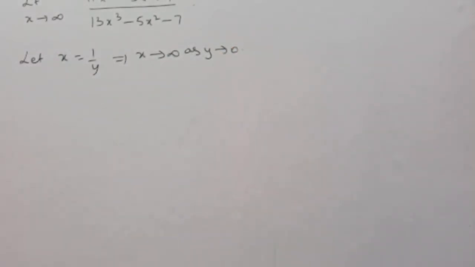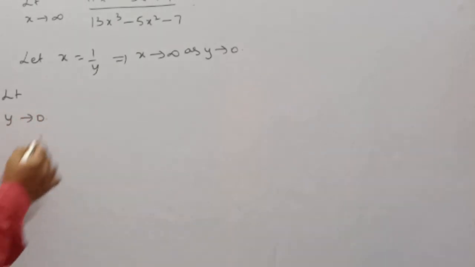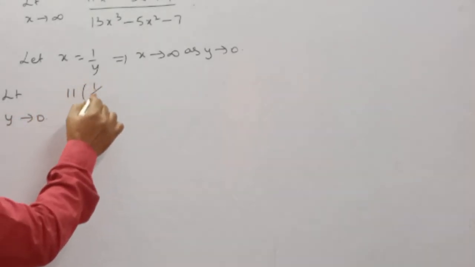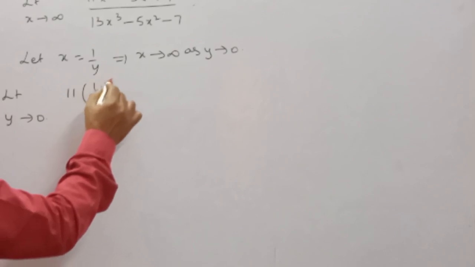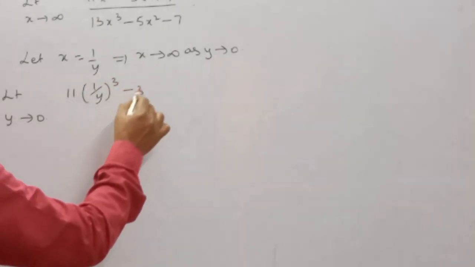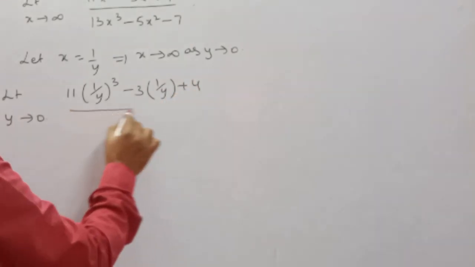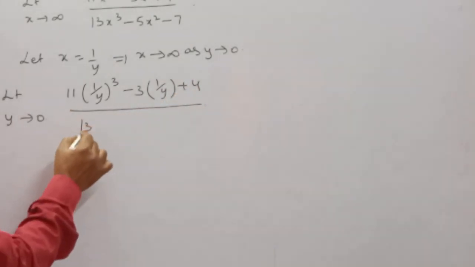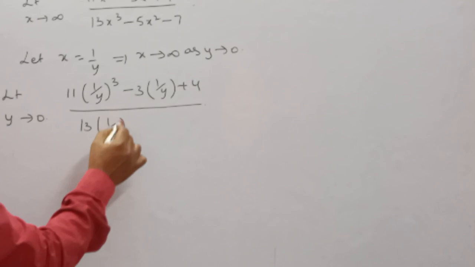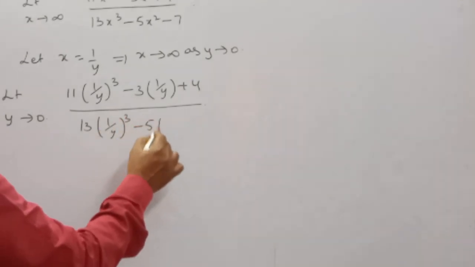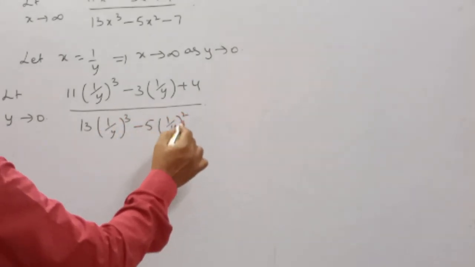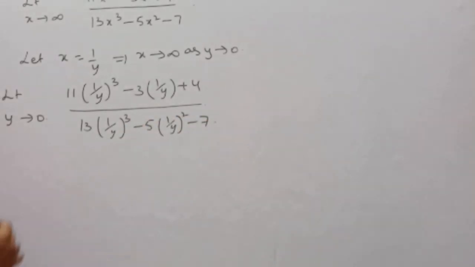So the limit as y tends to 0 of 11 into 1 by y whole cube minus 3 into 1 by y plus 4, by the denominator 13 into 1 by y whole cube minus 5 into 1 by y whole square minus 7.